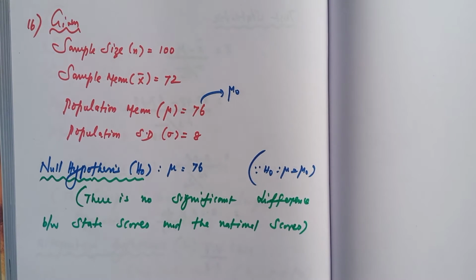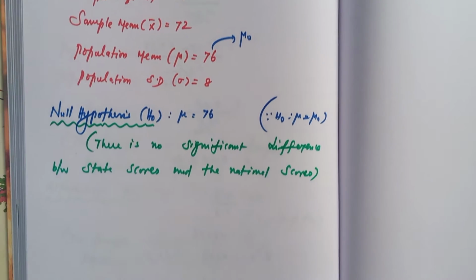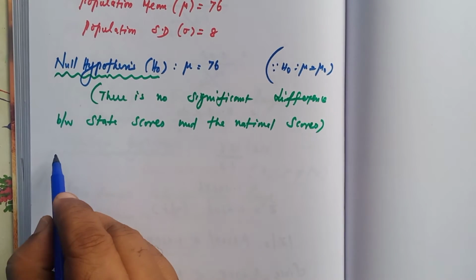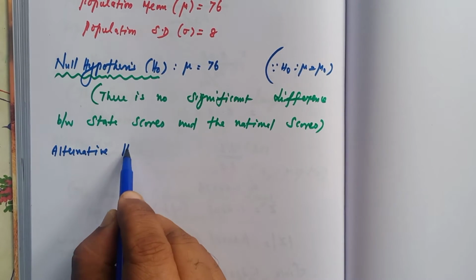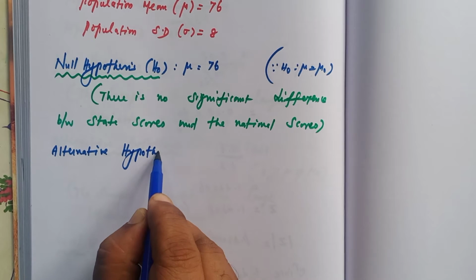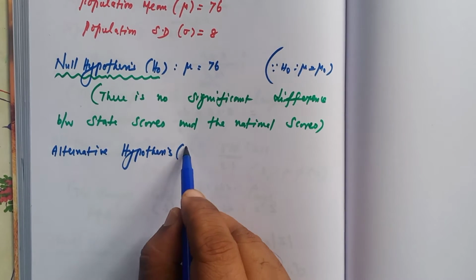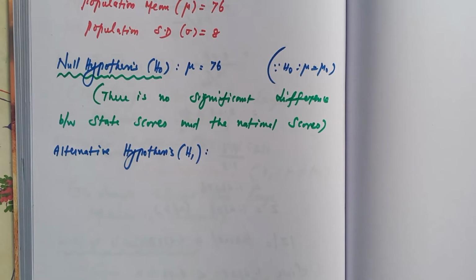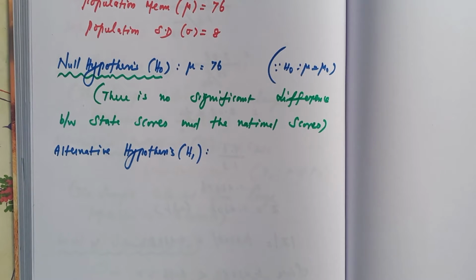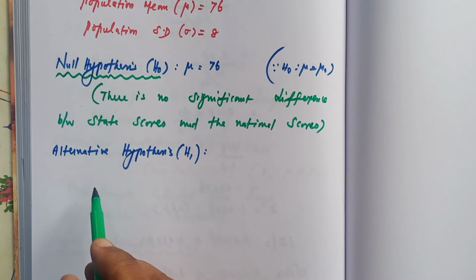Now we can go for the alternative hypothesis, that is represented by H1. You have to be very careful when writing the alternative hypothesis. This one is contrary to the null hypothesis.